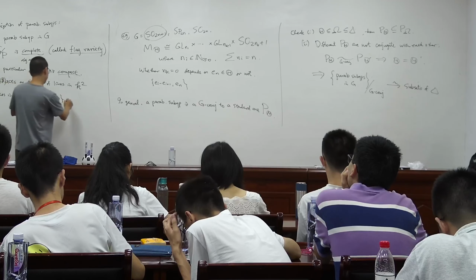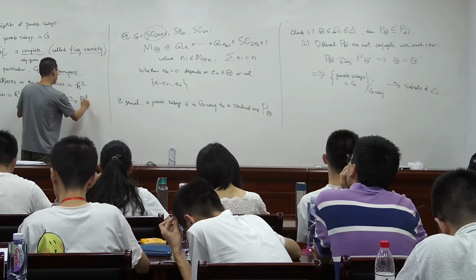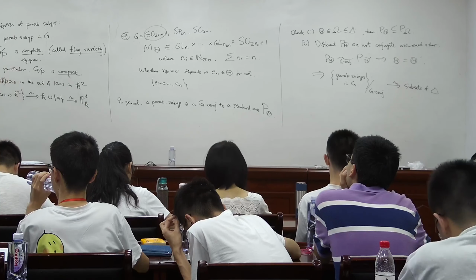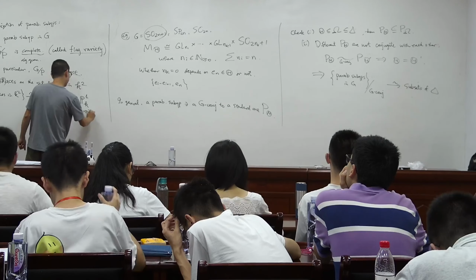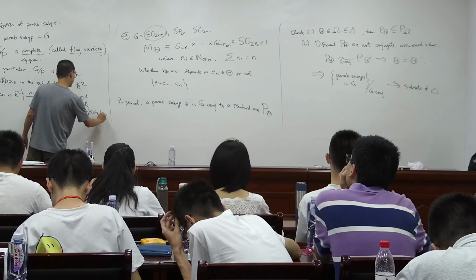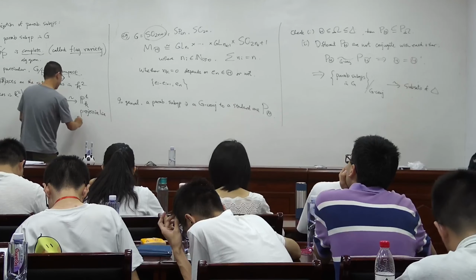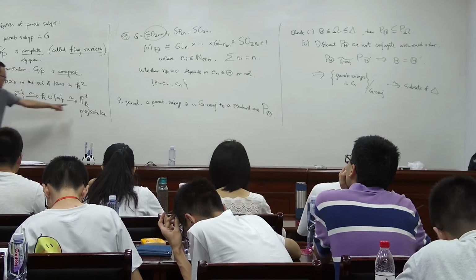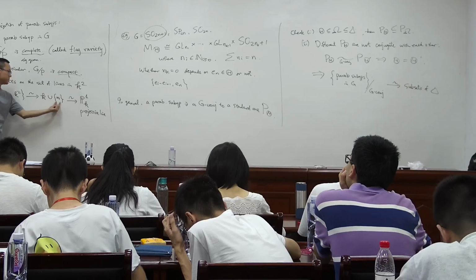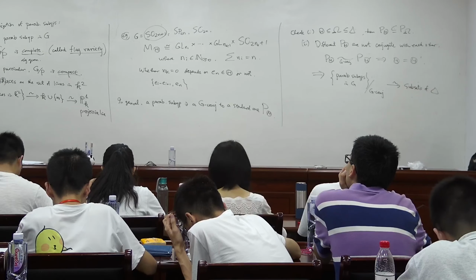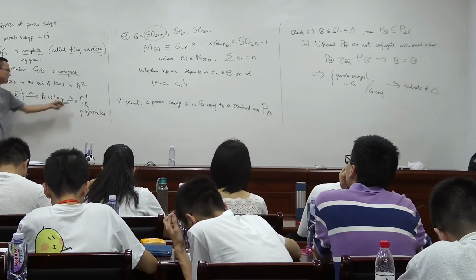If you know a little bit about algebraic geometry, this is the projective line over the field K. In particular, this is compact. It's the line compactified with a point. Say if K is the complex field, then this is the Riemann sphere.